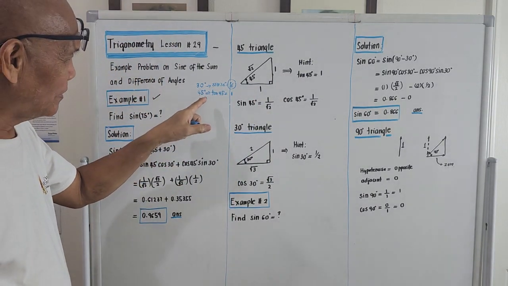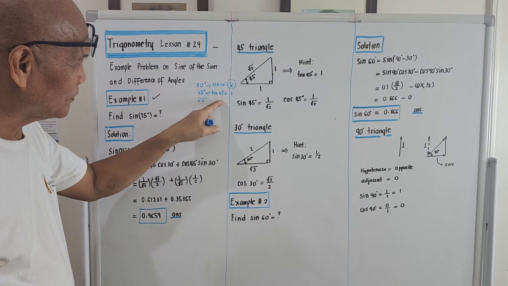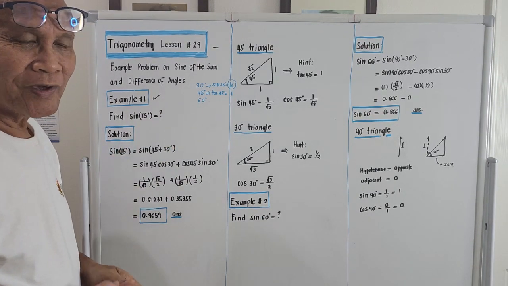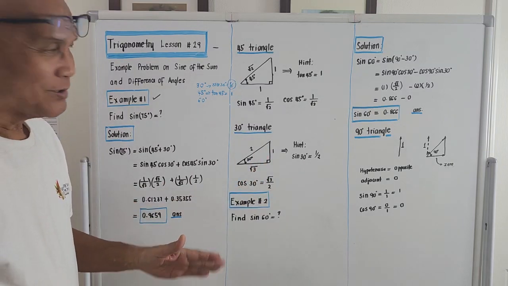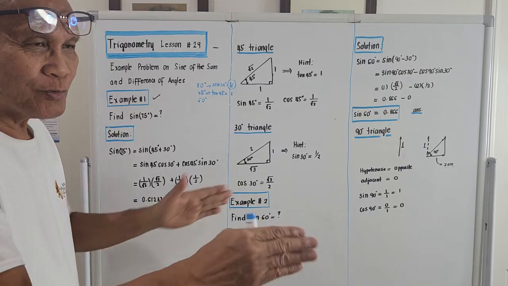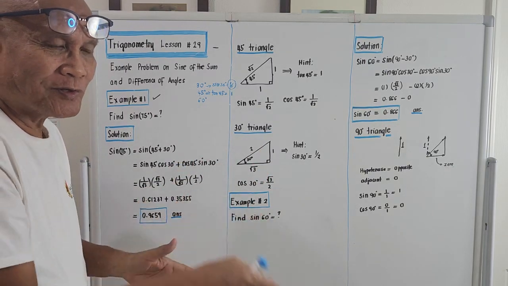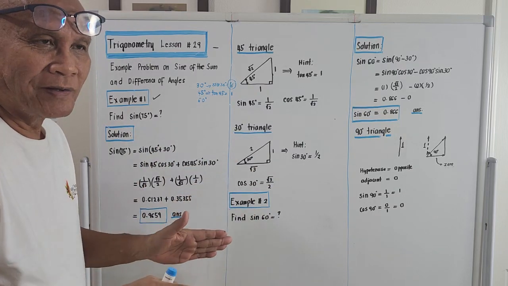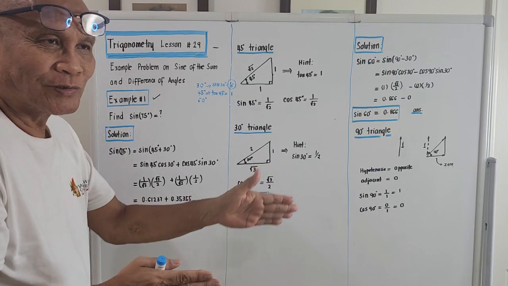By just knowing that if the angle is 45 degrees, the value of tangent of 45 degrees is equal to 1, you could derive the other functions already. So 45 degrees is a special angle. No matter what you're doing, just think of it: if the angle is 45 degrees, the tangent is 1. So if the tangent is 1, you could actually derive the other values.